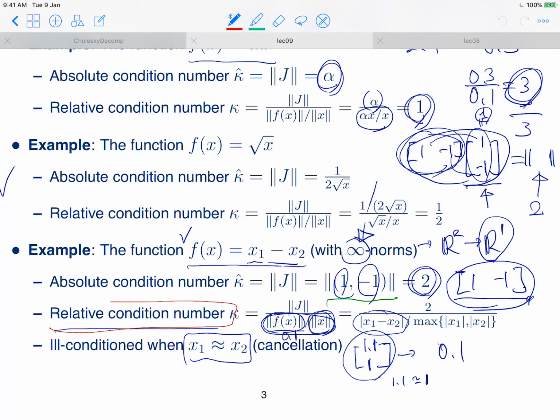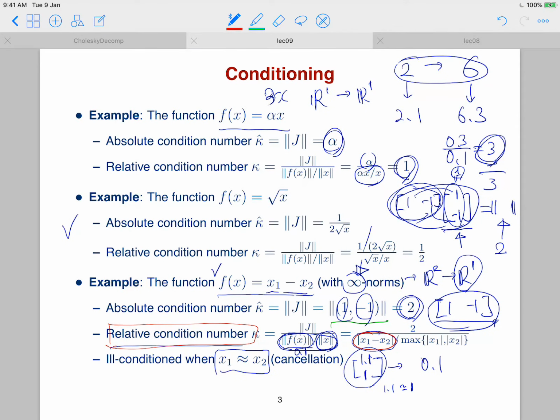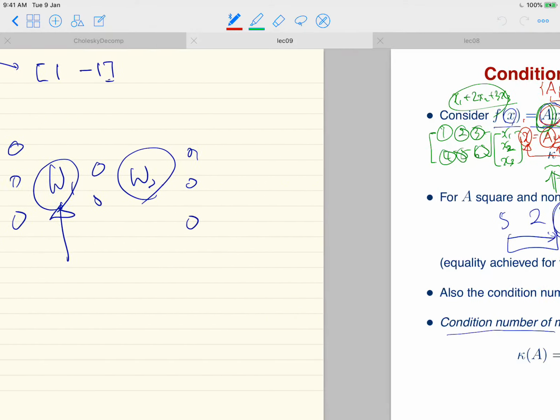If this relative condition number becomes large, it happens when a specific condition is met, where x1 and x2 are approximately the same as each other. So that was just a high-level explanation about stability.